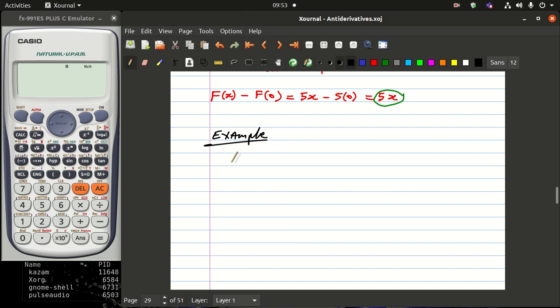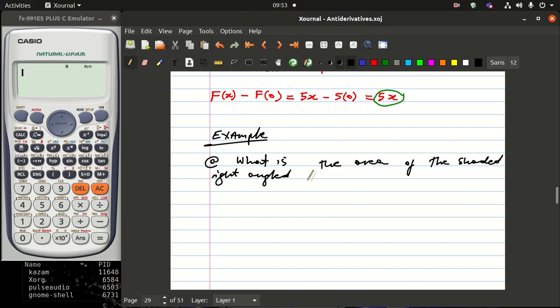So the second example, part A is saying, what is the area? So we want to find the area of the shaded right angled triangle.